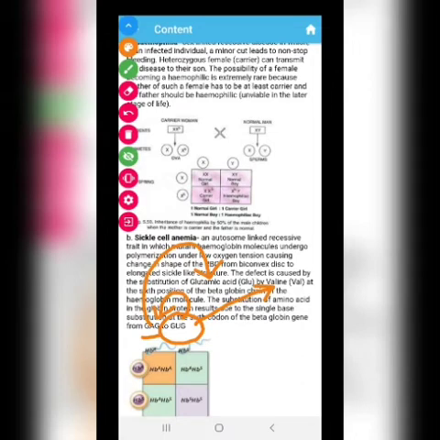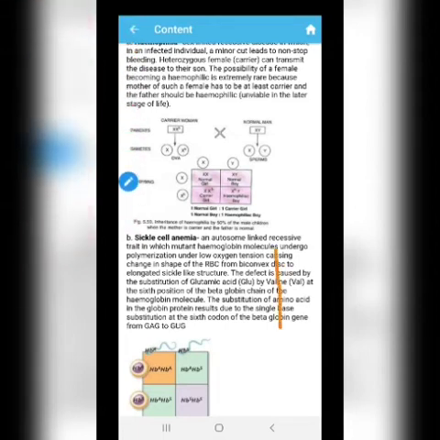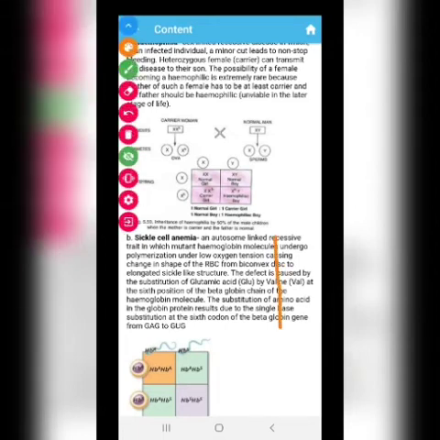It does not represent glutamic acid, and that is why in place of glutamic acid valine comes, and the hemoglobin protein chain changes, and just because of that the RBC, which is mostly oval, changes its shape and becomes sickle like. This is sickle cell anemia. The person may face difficulty in breathing and difficulty in the later part of his life.